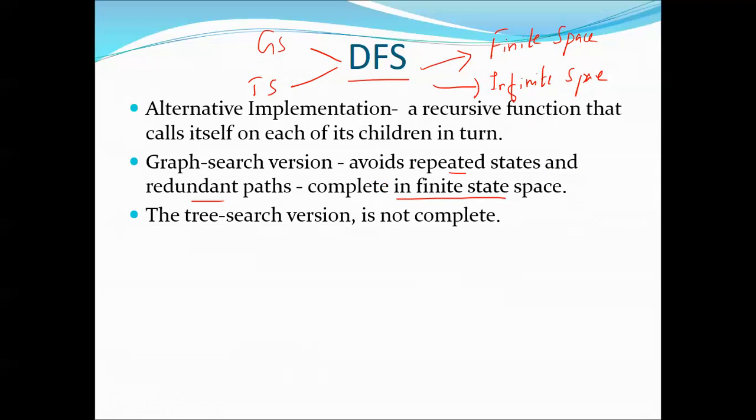So basically, DFS is complete if the state space is finite. What is state space? State space means the set of states. So let us assume that for a particular problem, the DFS is having only a depth of 5. It is nothing beyond 5. So this is 0, 1, 2, 3, 4, 5.